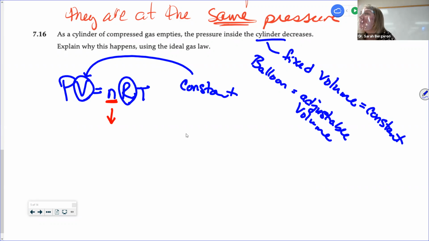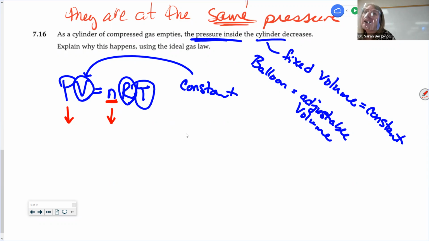Did we talk about temperature at all? No, we didn't talk about temperature. So we're going to hold all that constant. Tell me about the pressure inside the cylinder. What is pressure going to do? Pressure is going to go down. Y'all are right.